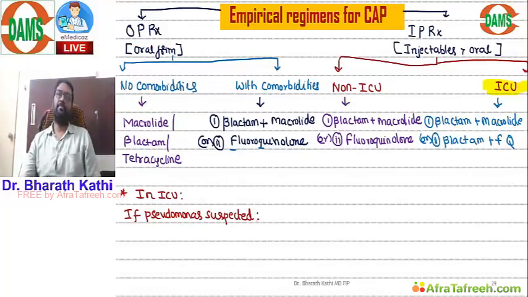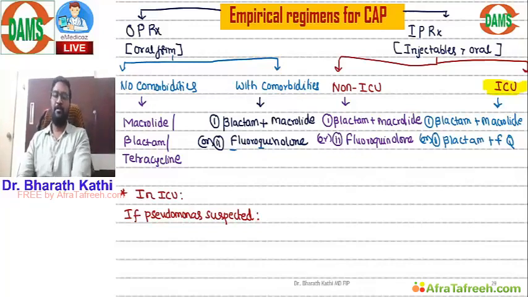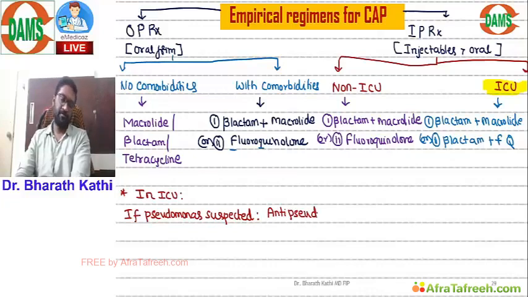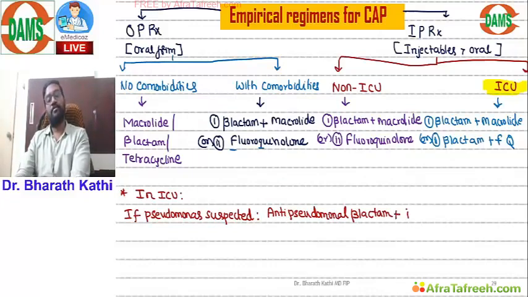Common organism is Pseudomonas and it resulted in ICU admission. So you should definitely cover Pseudomonas empirically at least. So here the treatment will be for Pseudomonas. We have to give anti-pseudomonal beta-lactam along with fluoroquinolone.